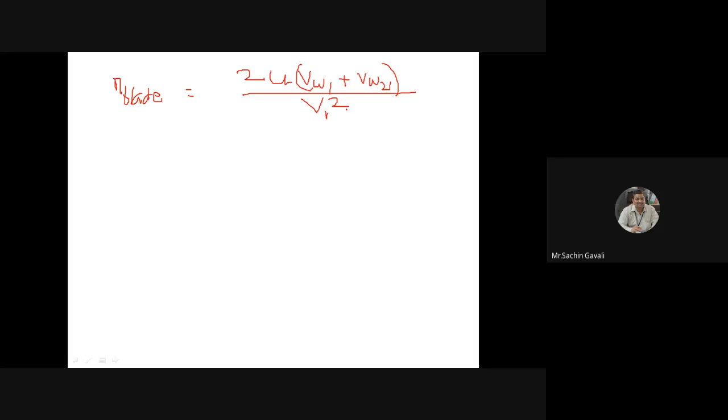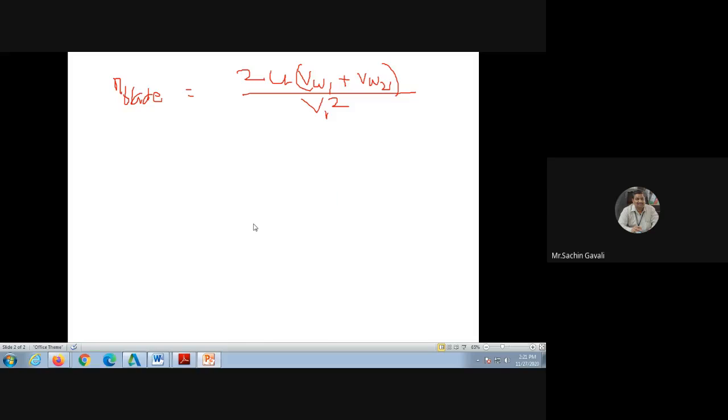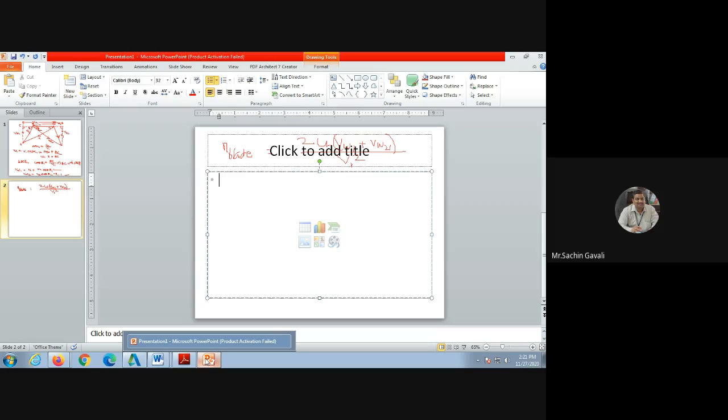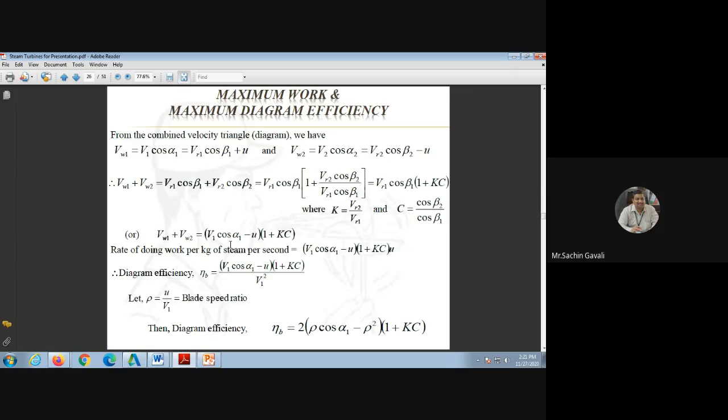Okay, but we know that VW1 plus VW2, what is that VW1 plus VW2? Anybody? It is equal to V1 cos alpha 1 minus U into bracket 1 plus KC.